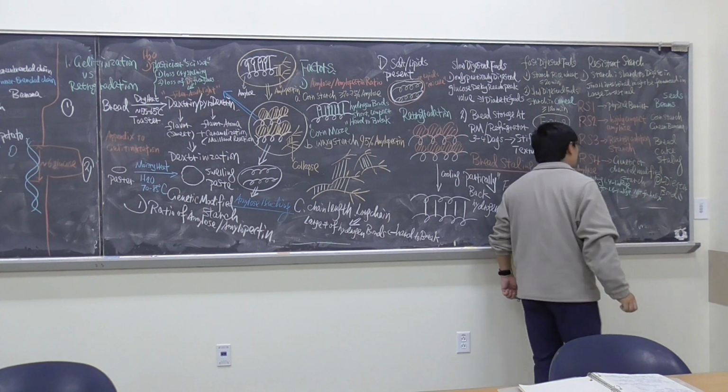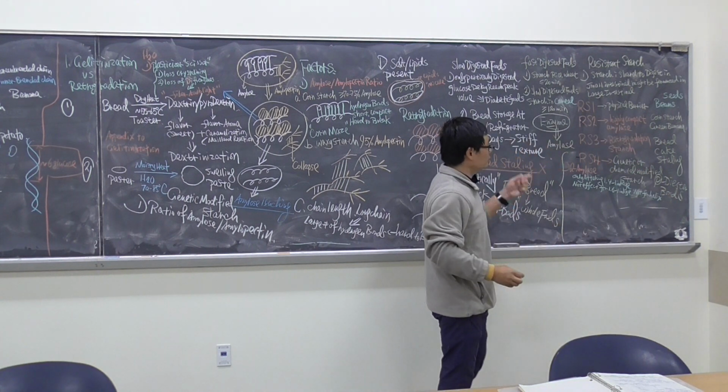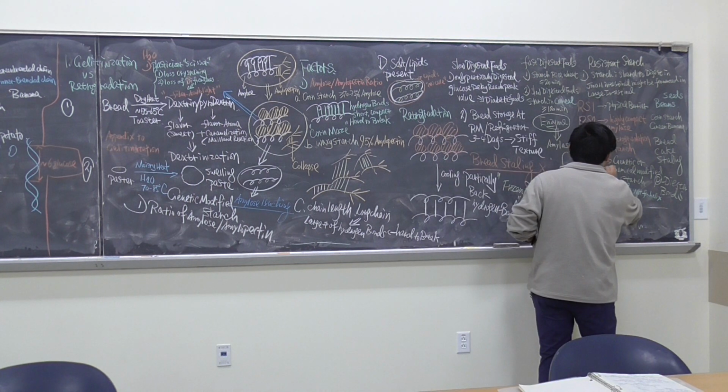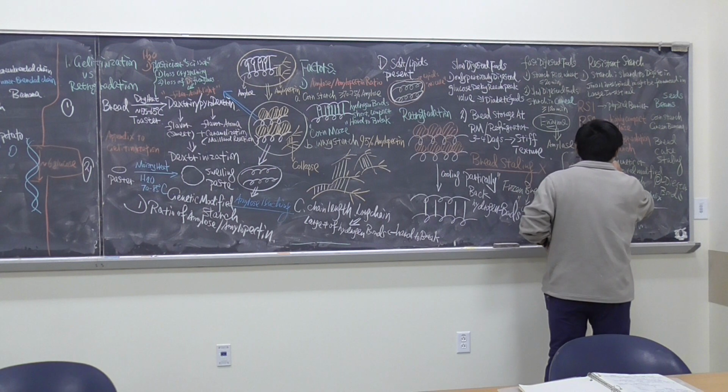So the helix is still there. You're only going to break down 1,4 linkage. So with alpha amylase, lots of branching will be generated.